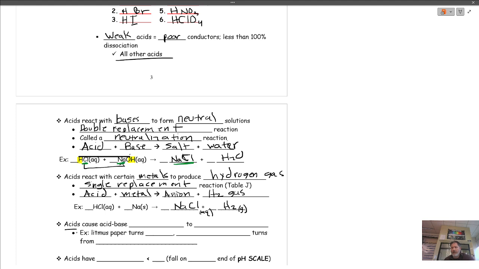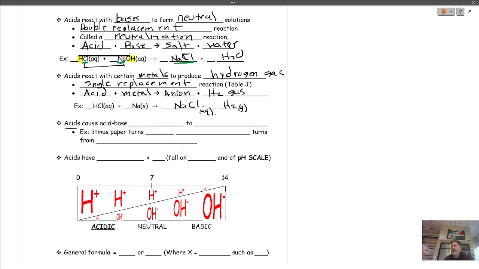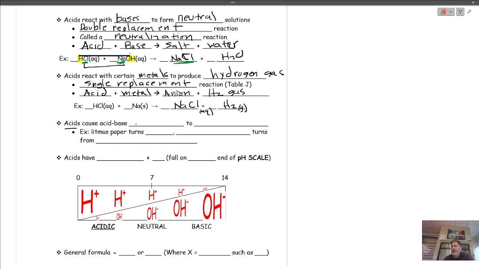Okay, what causes acid and base reactions? Well, not what causes them. The reaction occurs because it's thermodynamically favored, but acids cause acid-base indicators to change color. So we can use indicators like litmus paper to change color, and that's going to be useful so we can know a solution is an acid or a base. For example, litmus paper turns red when it encounters an acid.